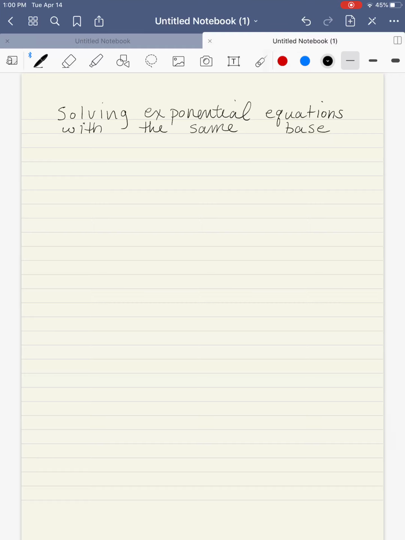In this first video, we're going to look at equations with exponents where the variable is in the exponent, where you can get the same base, because we're going to use the concept that if a, and this is my a, has to be positive and not equal to 1, if a to the n power equals a to the m power, then that implies, and this actually goes both ways, that our exponents, n and m, are equal.